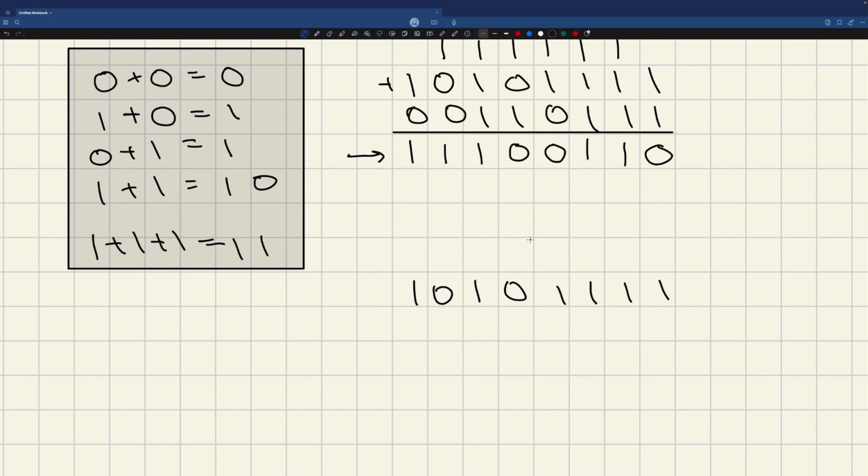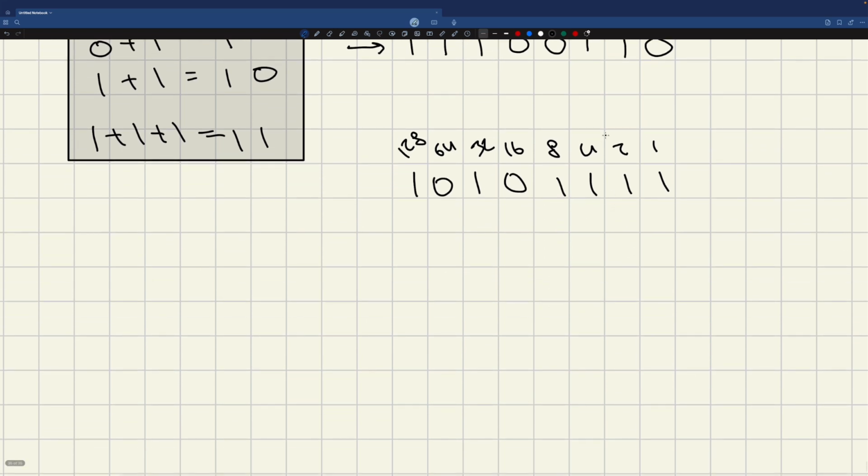Okay, so now we have to write out our usual table: 1, 2, 4, 8, 16, 32, 64, 128. Once again, as I showed in the video, we go 1, 2, 4, 8, 32, 128, and we have to add all of these together.